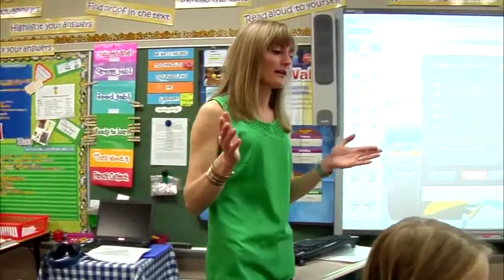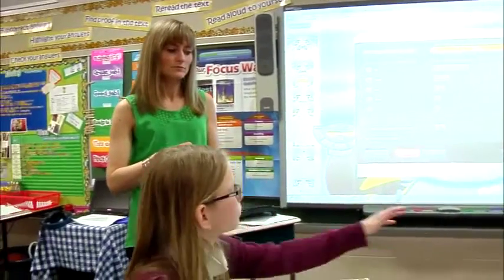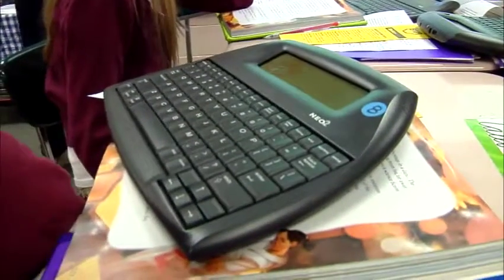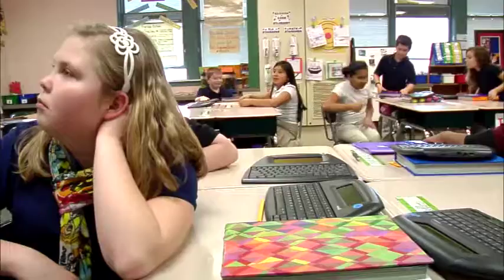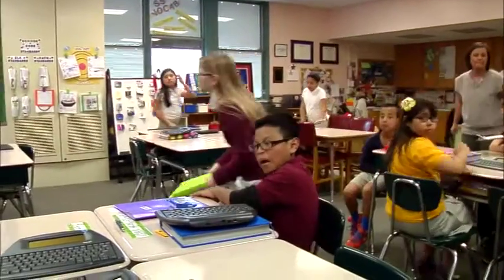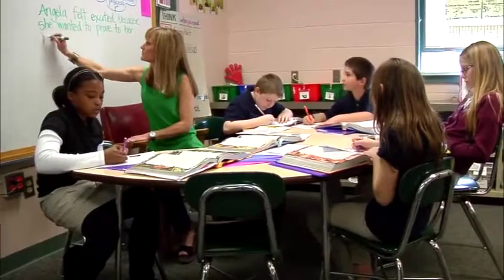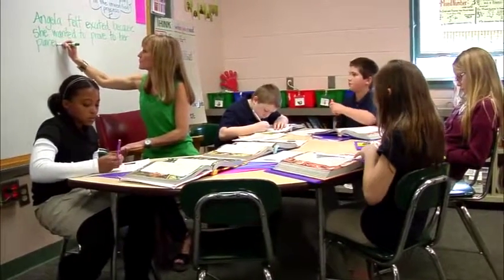Okay, here's what I would like for us to do now. I want you to turn off your Neo. We are going to get to the rest of this portion of the story at another time. The reason why we are having small group instruction after that whole group segment is so that we can pull back and I can see more closely who is getting it, who is not.